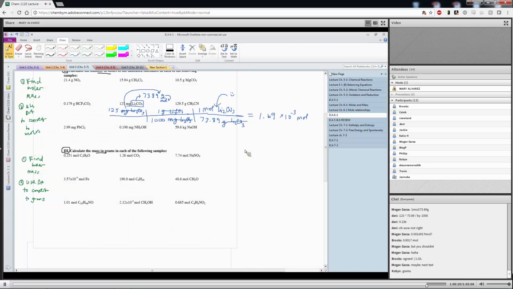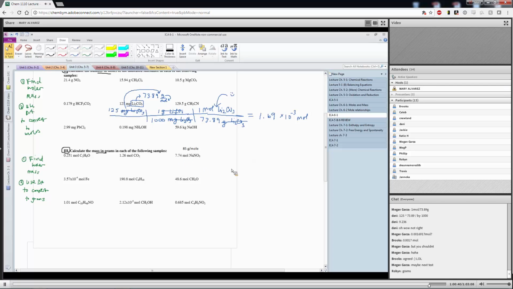Sodium nitrate is 85 grams per mole. You guys might like this better, because then you can actually see rather than having to read my scribble. So sodium nitrate is 85 grams per mole, and I have 7.74 moles of it.